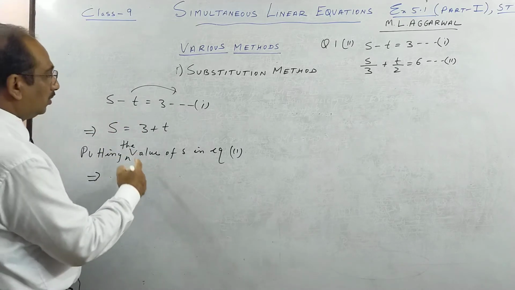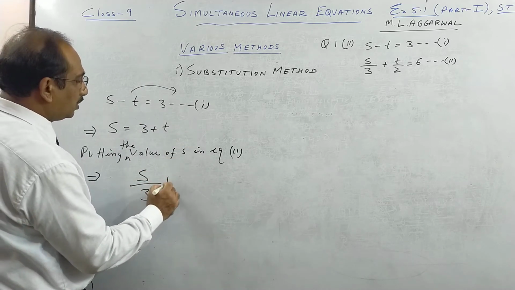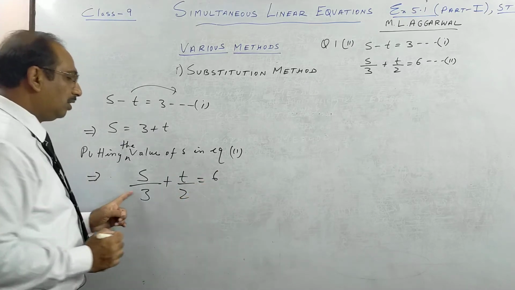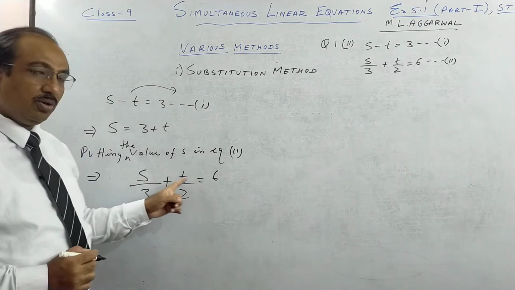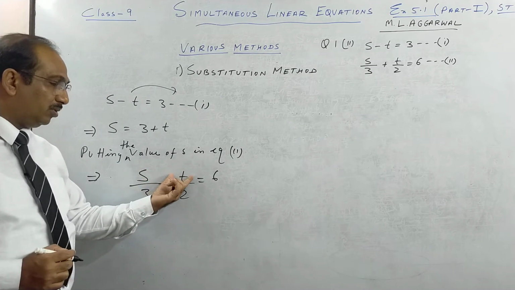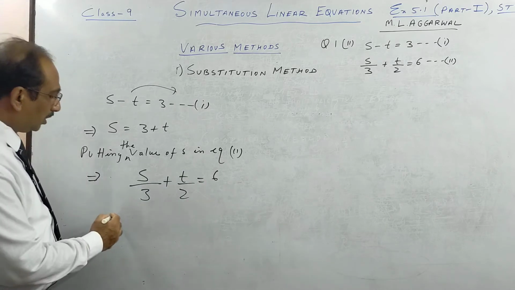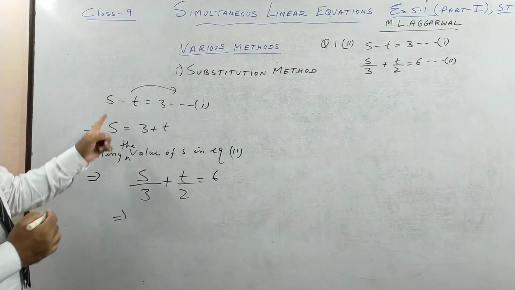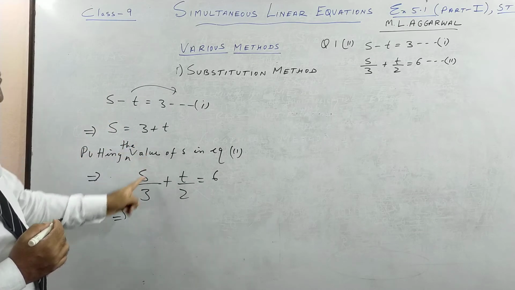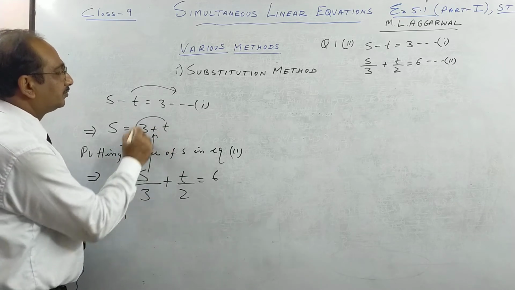Now in equation 2, in place of s, so what is my equation 2, children? s by 3 plus t by 2 is equal to 6. Generally we have x, y, children, a, b also, but here s and t are the variables whose value we have to find, and 2, 3, 6 are constants. So this is what substitution is. You find s in terms of t, and wherever s is there, I'll put 3 plus t.